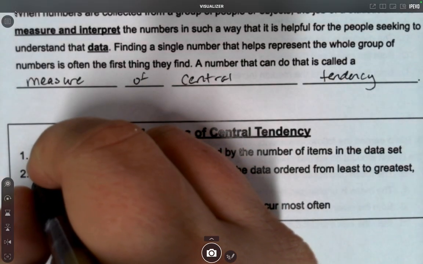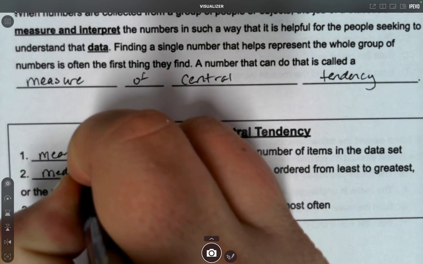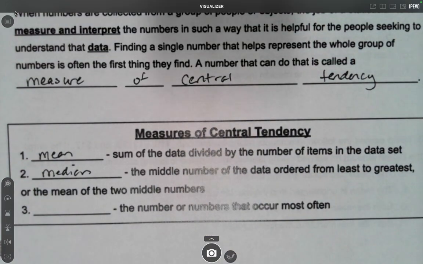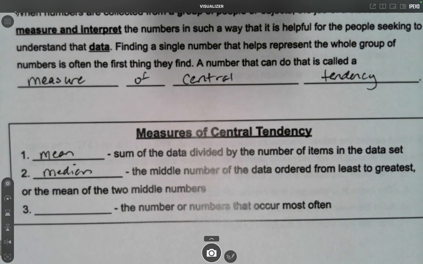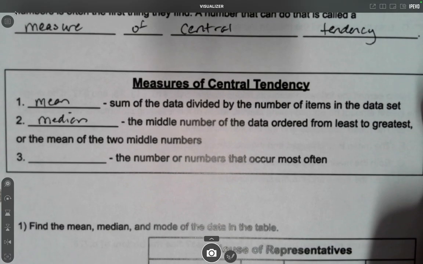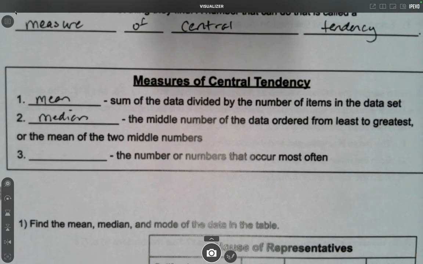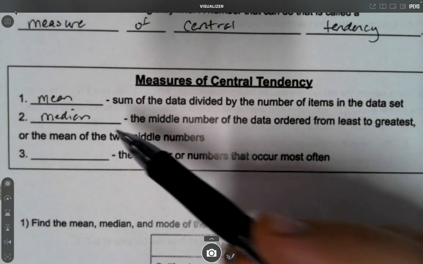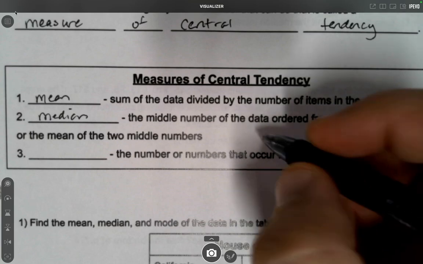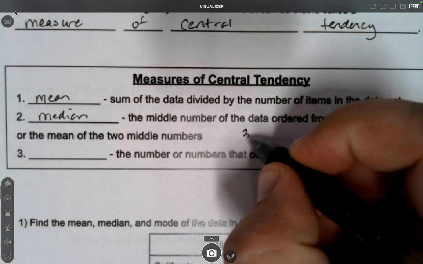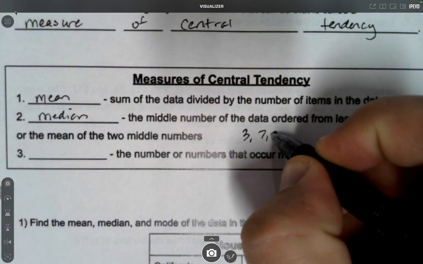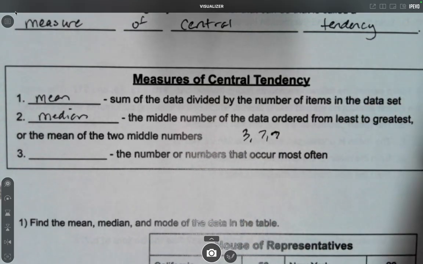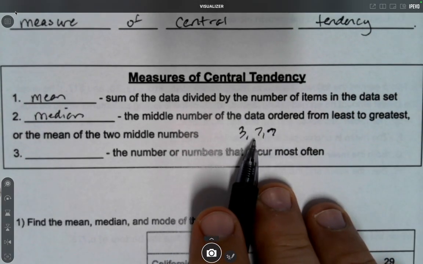Then there's the median. Just like the median in the road is in the middle of the road, the median is the middle number of data ordered from least to greatest. Now, if there's 2 numbers in the middle, you just take the mean of those 2, and that works as your median. In other words, let's say we have 3, 7, 7. Okay, those are 3 numbers. The one in the middle is 7. That's the median.